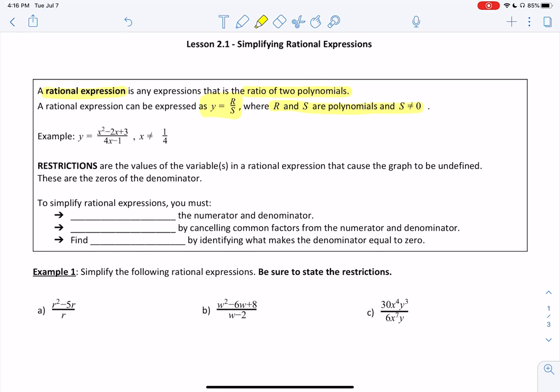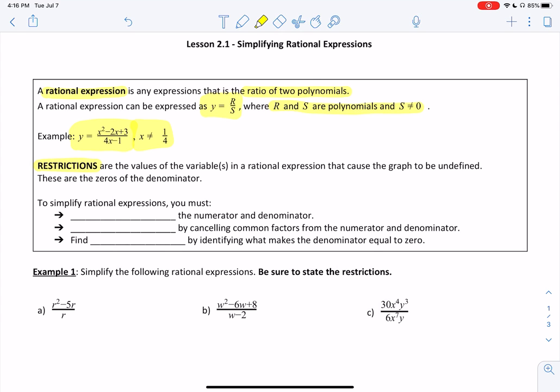So for example, I have y equals x squared minus 2x plus 3. Now, the bottom cannot equal 0, so the bottom would zero out when x equals 1/4. And this statement that says x can't equal 1/4 is called a restriction.